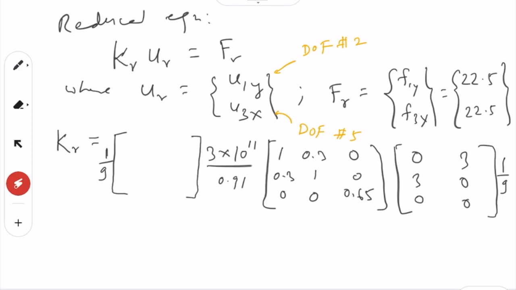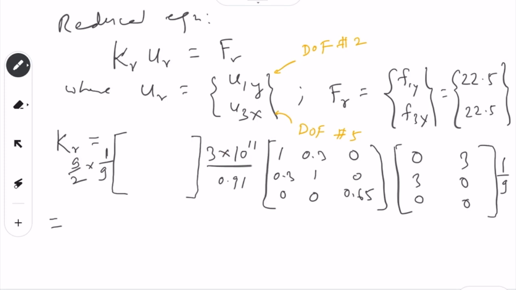We also have to multiply by the area, and the area is 9 over 2. So let's multiply 9 over 2 as well here. Okay, so what do we get now? This becomes, so 9 cancels out. So we have 9 here, 9 times 2, 18.